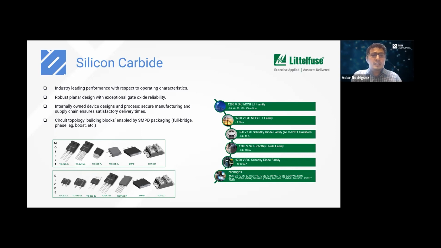On the diode side, we can see proposals that go between 5 amps up to 120 amps. Of course, these different values will depend on the families. We'll find families for 1200 or 1700 volts reverse voltage.